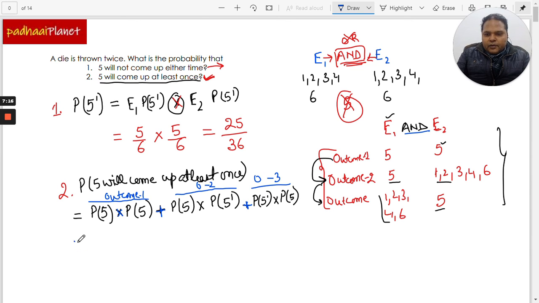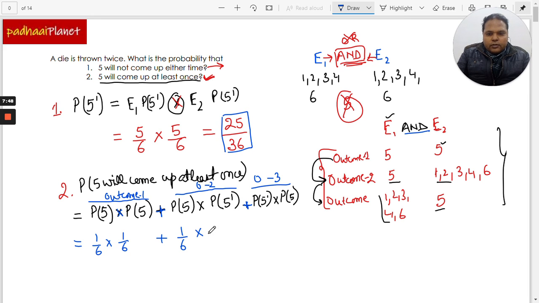Now we will start writing the probability of 5 coming here, that is 1 over 6, because 5 is 1 and there are 6 different faces on the die, so that is 1 over 6 multiplied by, this is also probability of 5, so that is also 1 over 6, plus 1 over 6 multiplied by P5 dash, which we just calculated here, right?